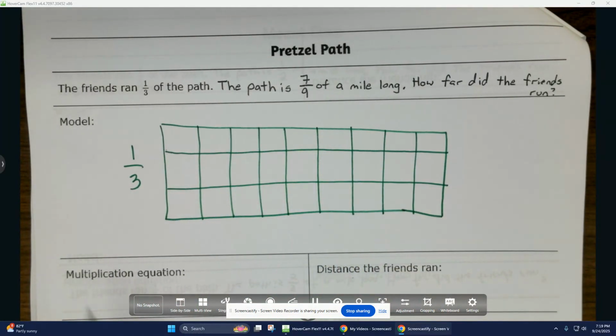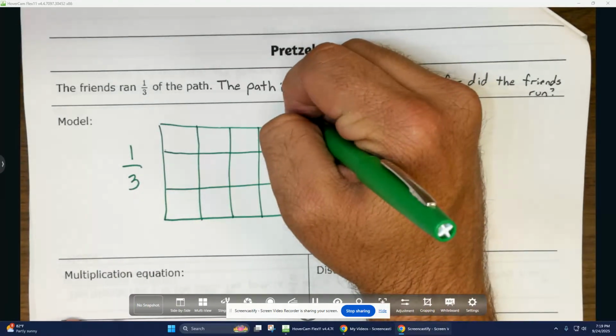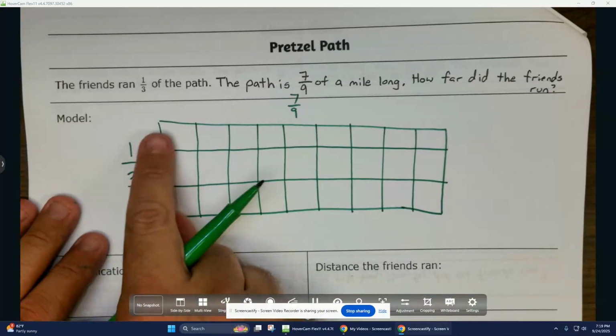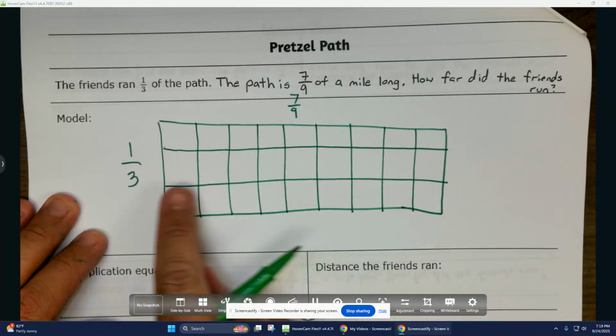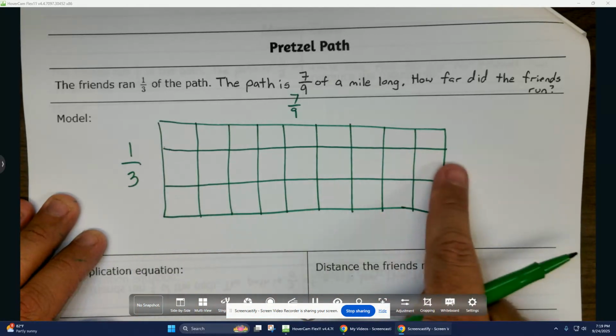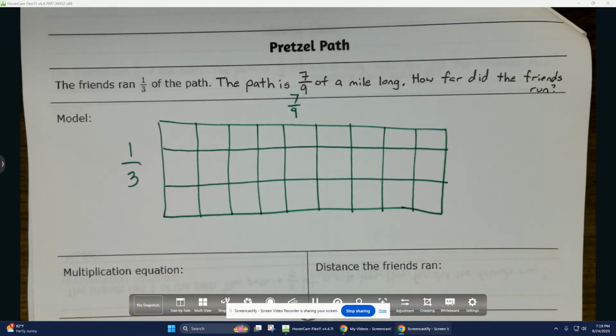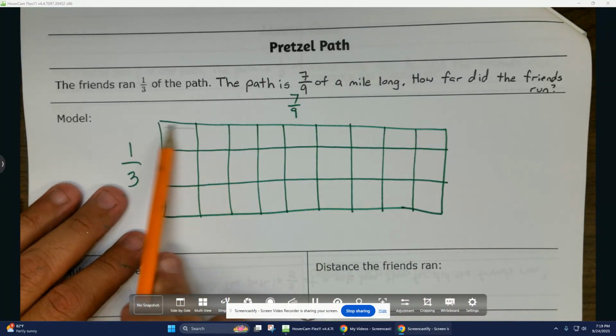Good. Now, let's look at my fraction of 1/3. Of my 3 sections, 1, 2, 3, I have to shade in 1 whole section.